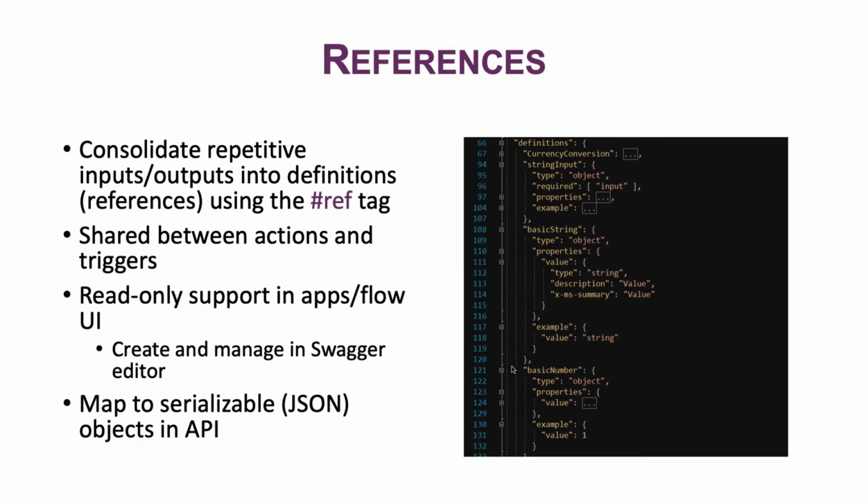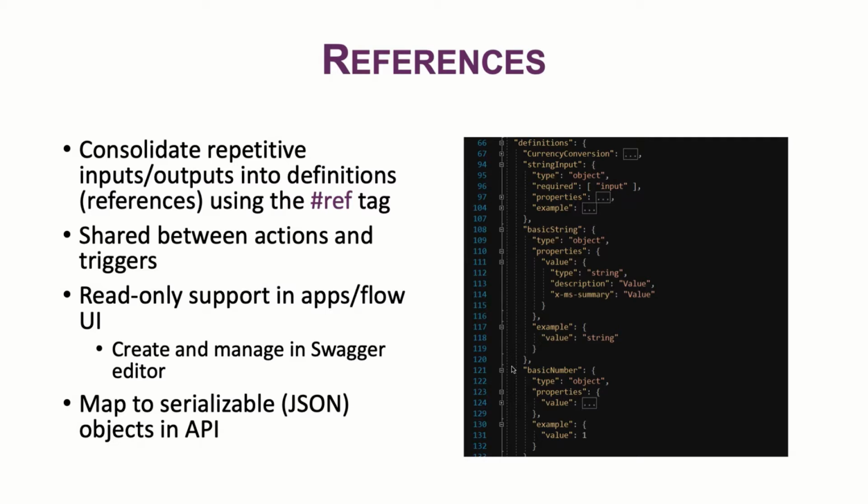Now, something you will use a lot, I already mentioned this, is the references. This is where you take a repeating element, such as an input definition or an output definition, and instead of redoing it over and over and over inside of your spec, you extract it.